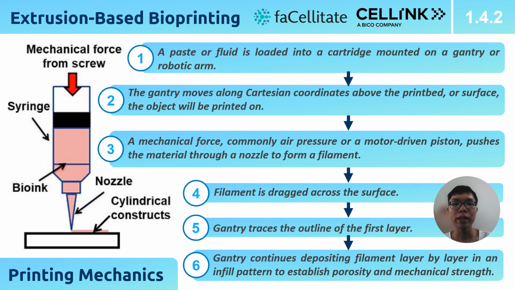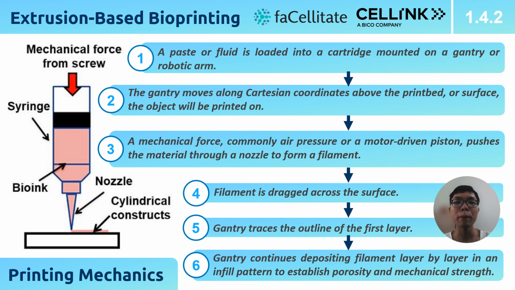The printing mechanism of extrusion-based bioprinting is initiated with a paste or fluid being loaded into a cartridge mounted on the gantry or robotic arms. The gantry moves along the Cartesian coordinates above the print bed or surface the object will be printed on.